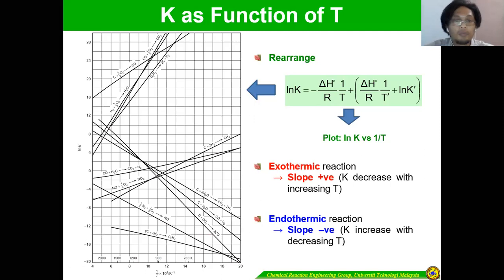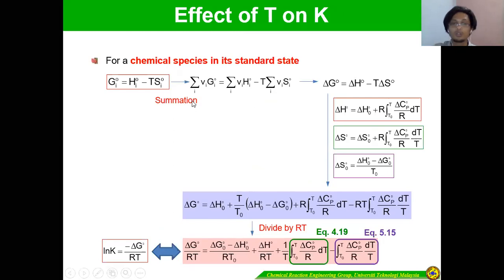So what happens if the reaction is not available in this graph? How can we determine the equilibrium constant K? Not all reactions can be obtained from this figure, so the alternative method is to use an equation for the effect of temperature on the equilibrium constant for chemical species in their standard state.